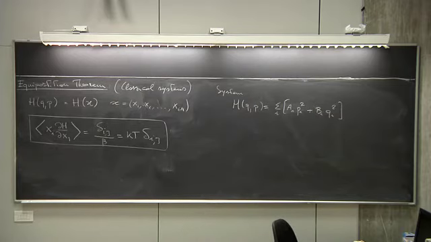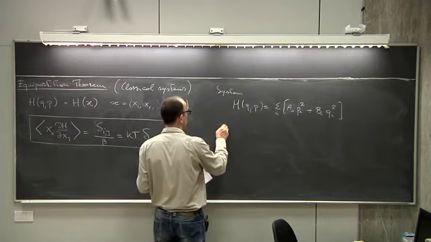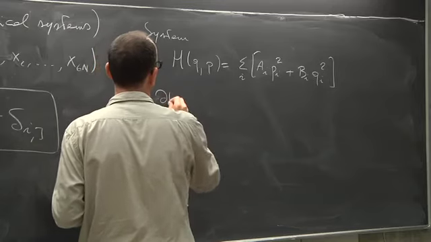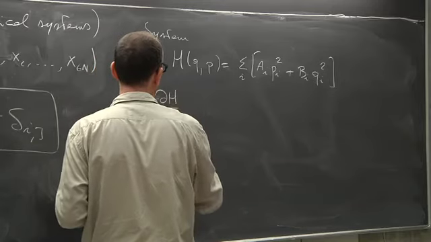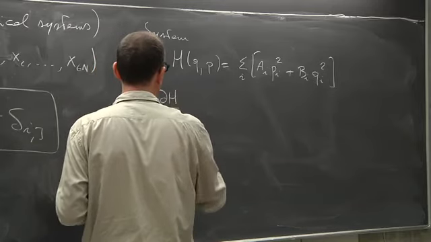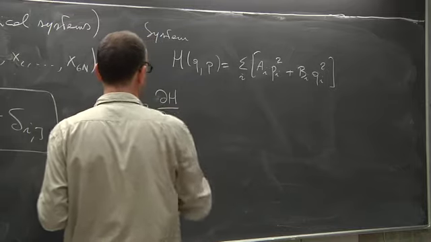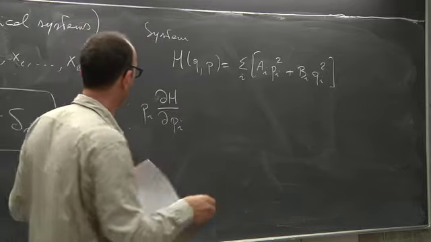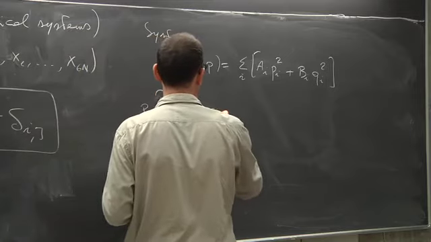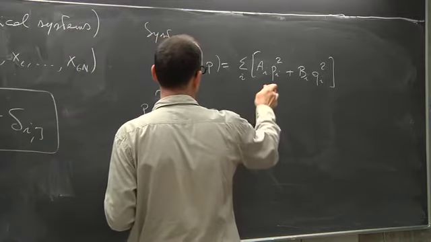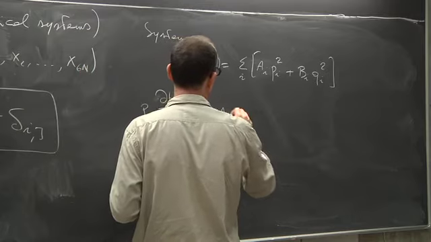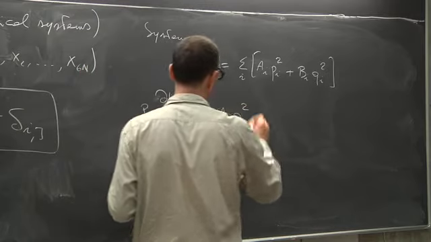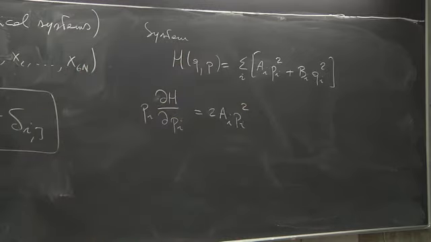Okay. So in this case, if you compute, for example, the derivative of H with respect to p_i and multiply it by p_i, what you will have is exactly twice a_i times p_i squared, right?